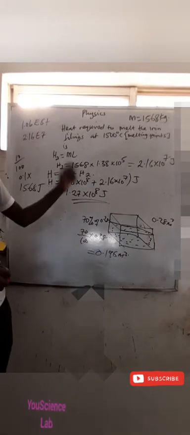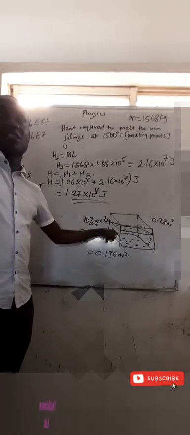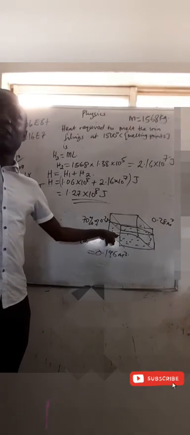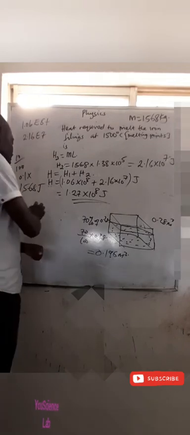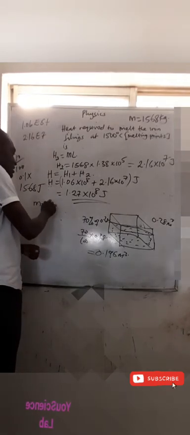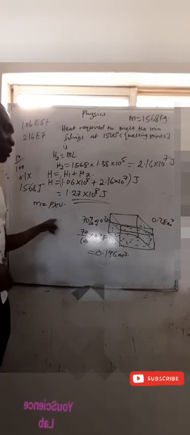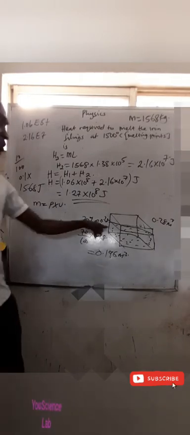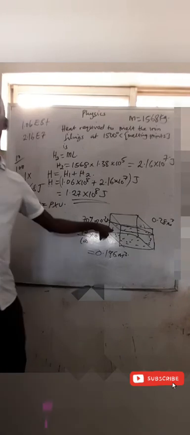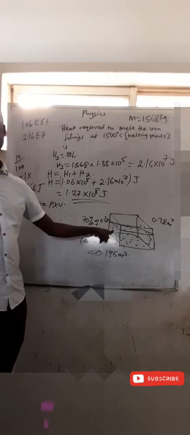Now, the total mass of iron filings inside this bus, because we are given the density of iron filings, you know that mass is equal to density times volume. So we use this to calculate the total mass that occupies 70 percent. Are we following?